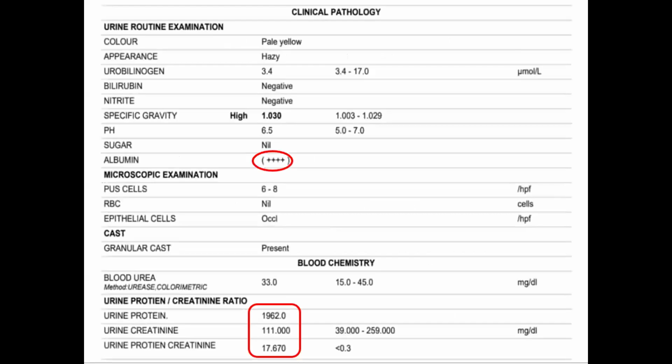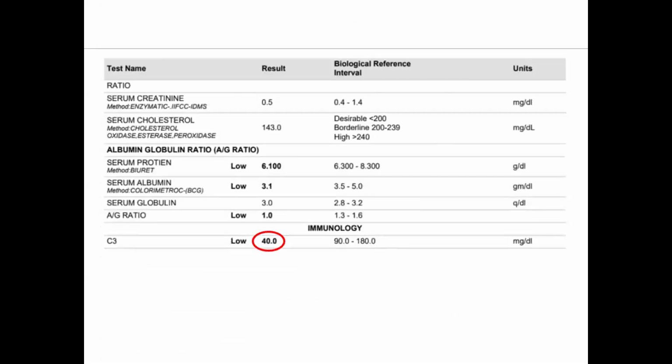In urine, albumin was 4+, and urine protein was 1962. Urine creatinine was in the normal range, and urine PCR was 17.67. His serum protein was low, and his serum C3 was also low.